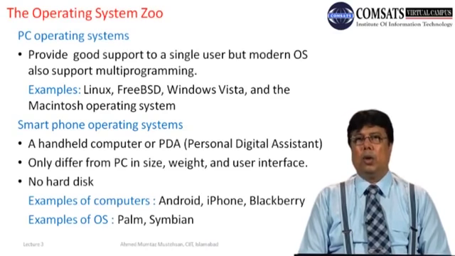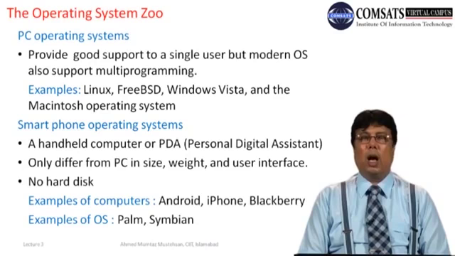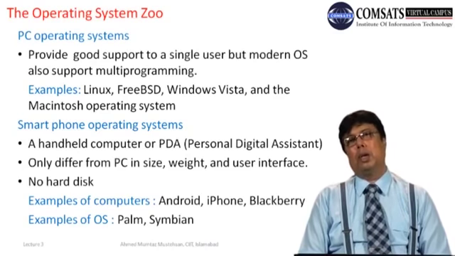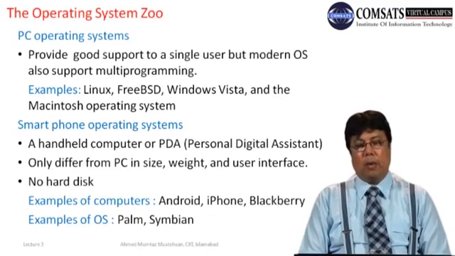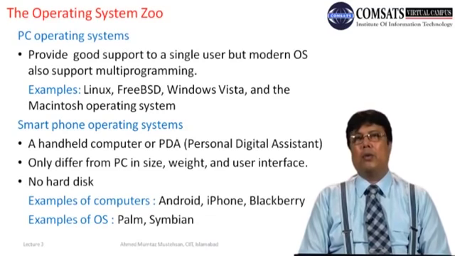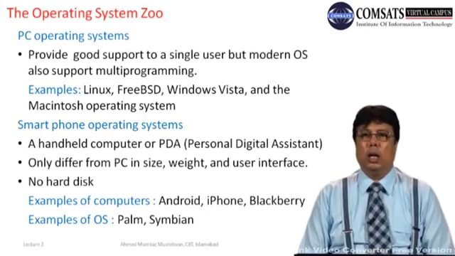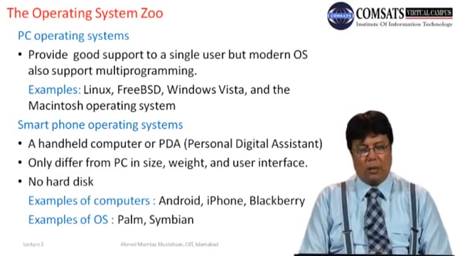So basically these handheld devices or the smart devices, which are very small in size, also have similar capabilities. But the difference is that the personal computer does have the hard disk, whereas these type of handheld devices cannot afford to have the hard disk. So usually we have a media card or the storage card, a very small card that provides you the storage facility. So we do not have the hard disk available.